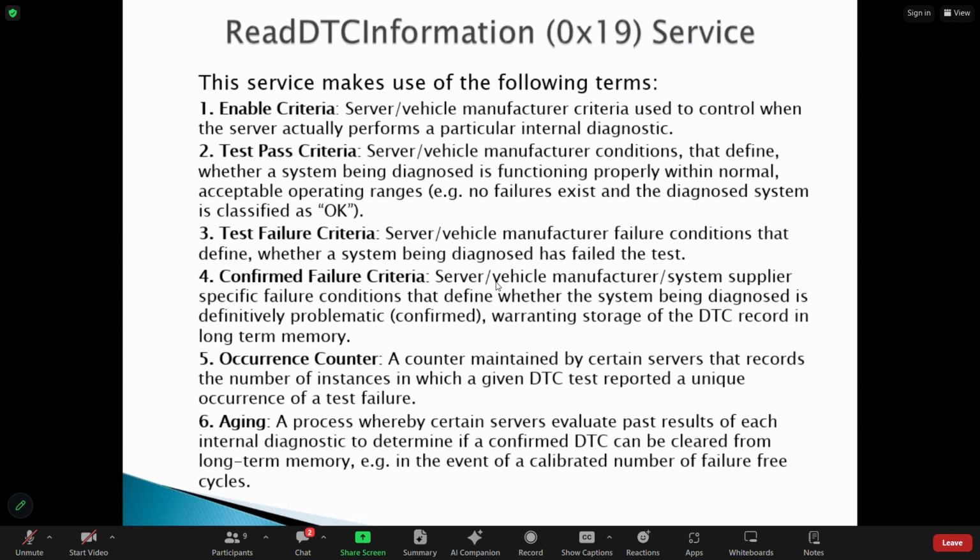Or in some of the ECUs, which are non-critical ECUs, whenever the ignition or power on is done, at that time it will run a test one time. That's it. It will not run the test again and again. So for that, enable criteria is ignition on.